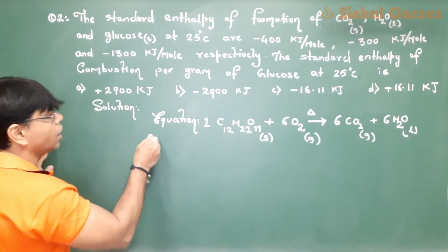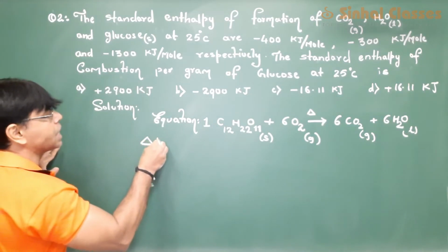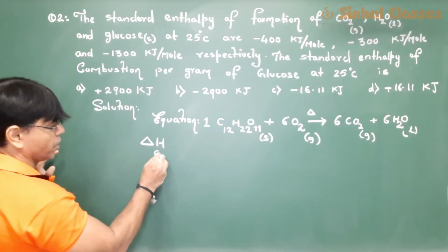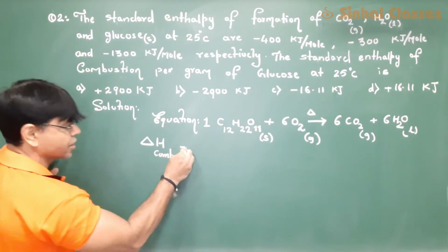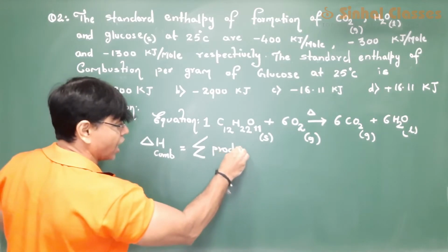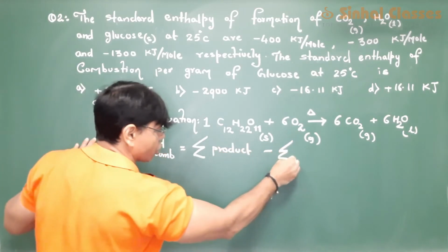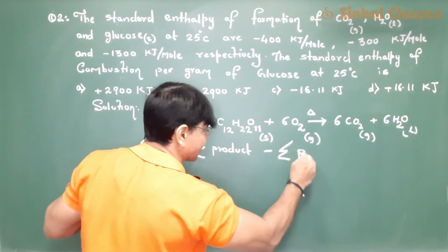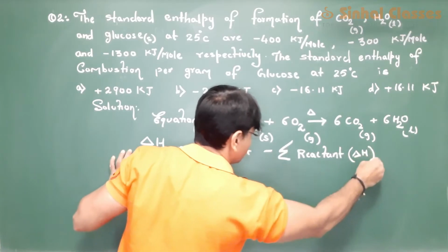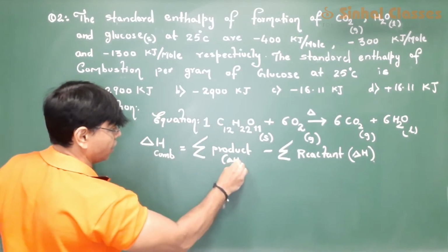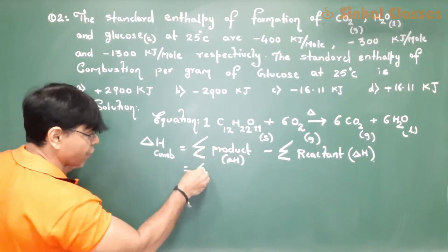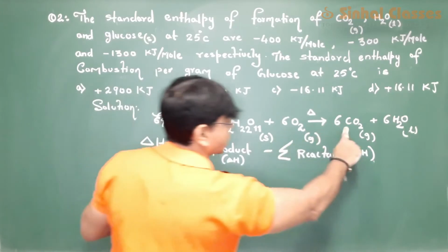Okay, so what is the formula for calculation? The enthalpy change for combustion is summation of enthalpy of product minus summation of enthalpy of reactant. So we start with product. Now these are the two products.